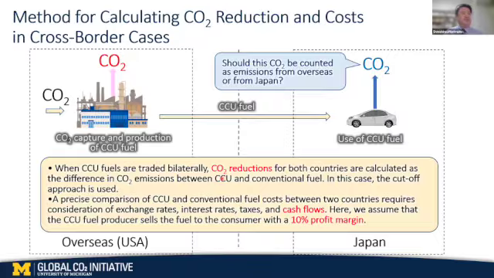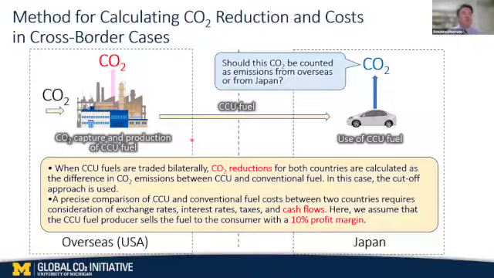In this estimation, this is just an example, but I suppose this CO2 is accounted as an emission from the US. I conduct LCA and TEA assuming that the CCU fuel producer sells the fuel to the consumer, which is Japan, with a 10% profit margin.